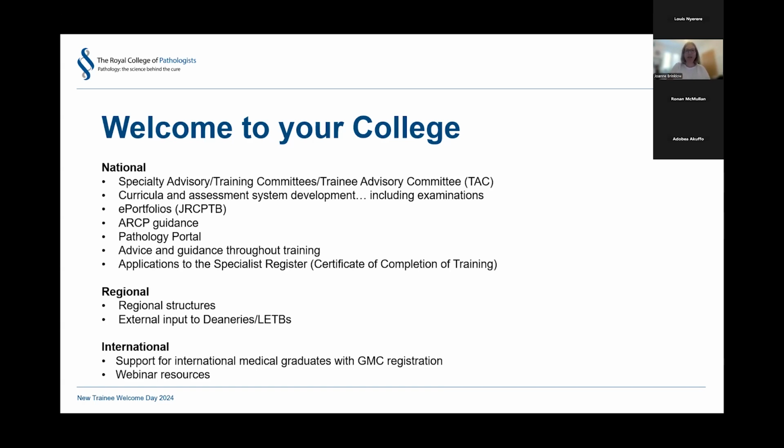For the infection specialties, the arrangement that we have is that there is a CSTC for medical microbiology and virology. That's a joint CSTC, same as the RSAC actually. That's microbiology and virology as well. And then the Royal College of Physicians, under the auspices of the JRCPTB, they have SACs for infectious diseases and tropical medicine.